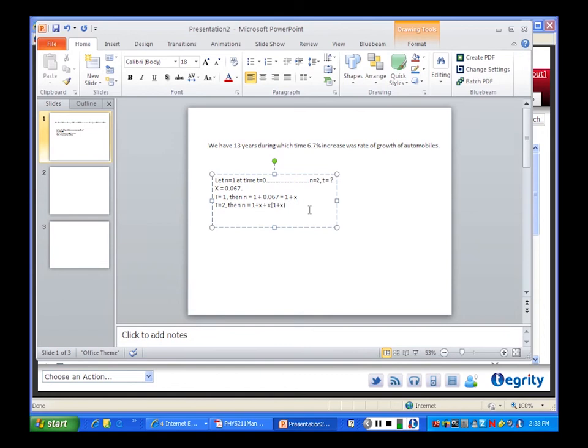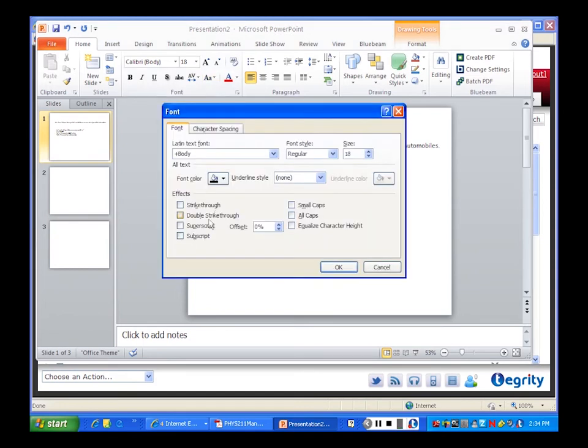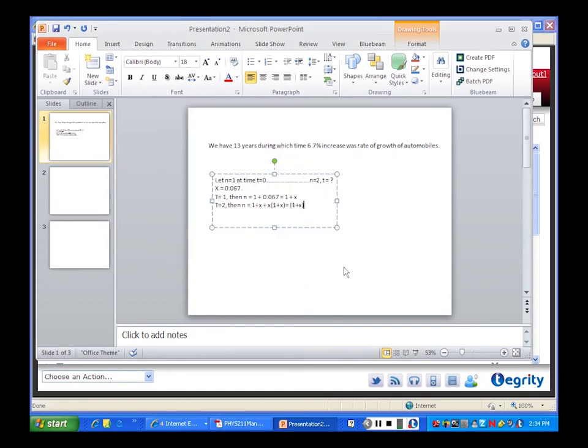You have 1 plus x, which you can factor out, which leaves you, again, 1 plus x. So this is actually parentheses, 1 plus x raised to the second power. Where's my superscript? There it is. 2. 1 plus x squared.